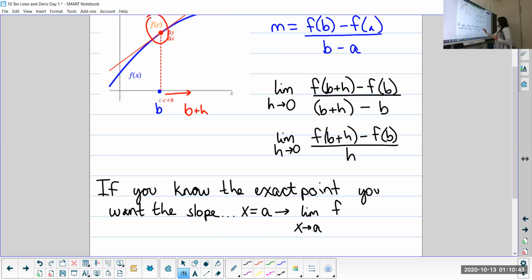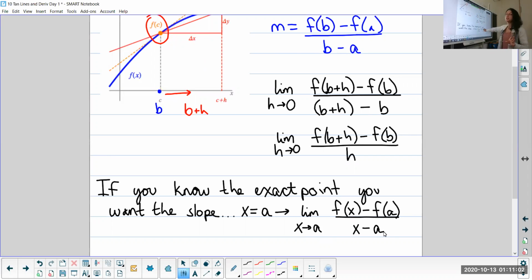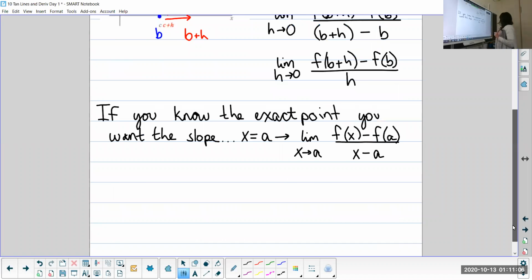So there's option number 1, if you know the exact point you want the slope. So let's say you know that you want the slope when x equals 2. You use that. We're going to get into more examples, but use that one if you know the exact point.